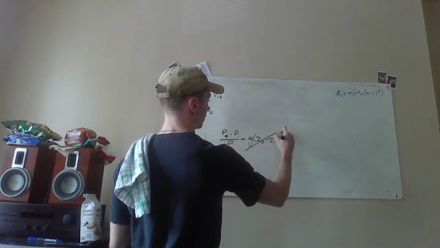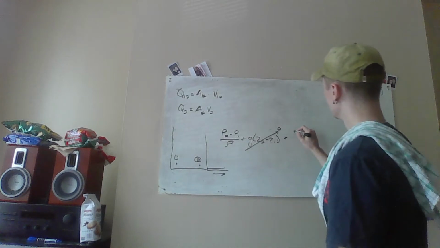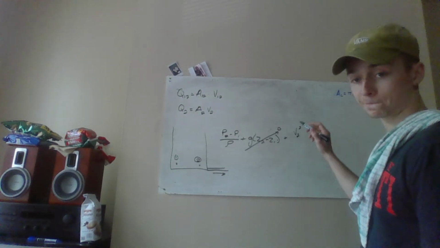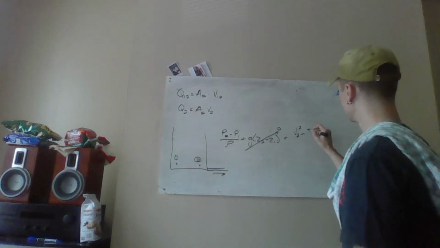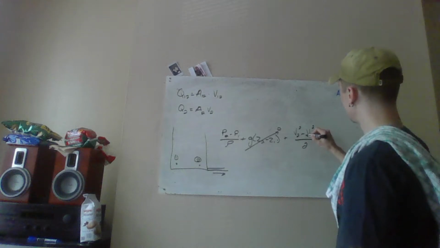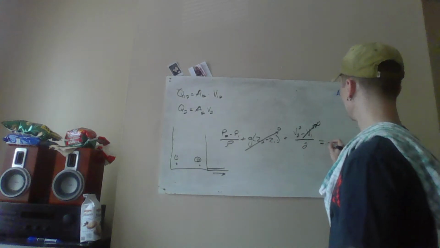This is negligible though, so we can say that that is equal to 0, plus volume at position 2 squared minus volume at position 1 squared divided by 2. Again, this we can say is equal to 0 as well. This whole equation is equal to 0.